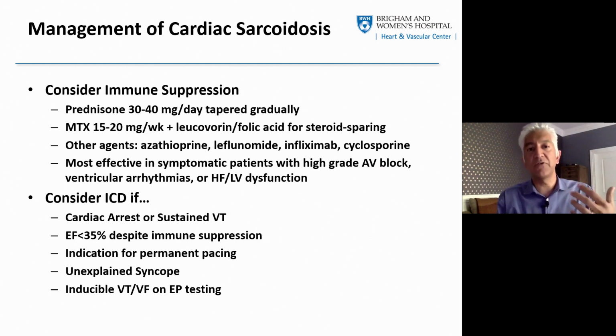The management here is directed at treatment of the underlying immune disorder, immune suppression, typically with prednisone, but occasionally with steroid-sparing agents. And the other is this disorder, when it involves the heart, carries with it a high risk of sudden death. So patients who have high-risk features like VT or a low ejection fraction should be considered for early use of defibrillators.